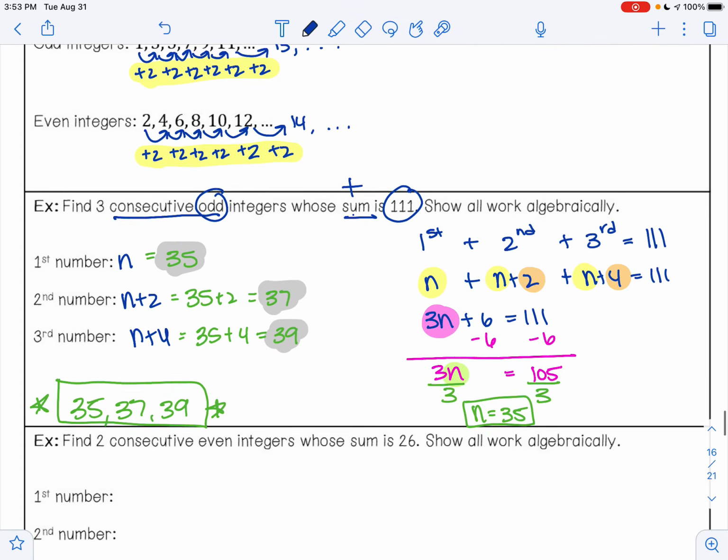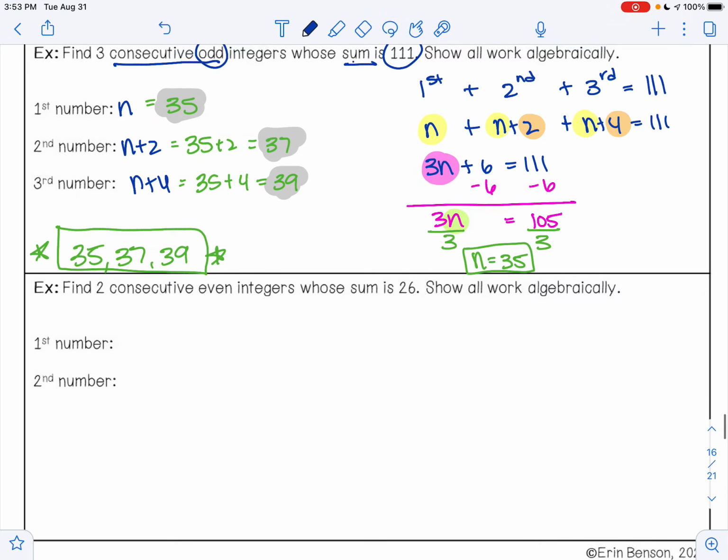Let's try the next one. It says find 2 consecutive even integers whose sum is 26. Show all work algebraically. So my first number plus my second number is 26.